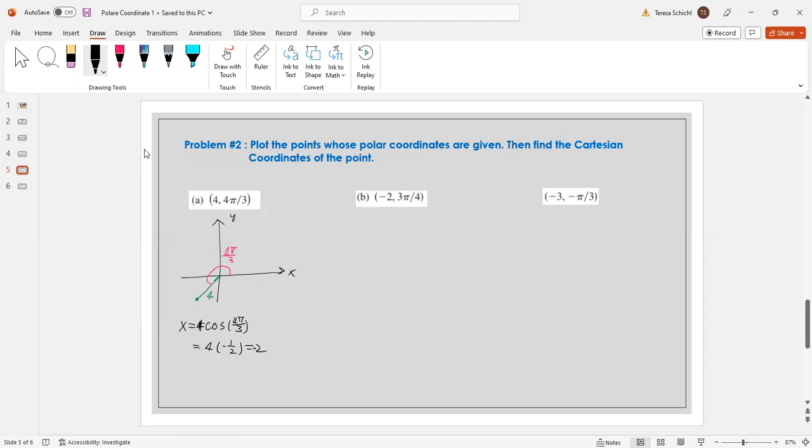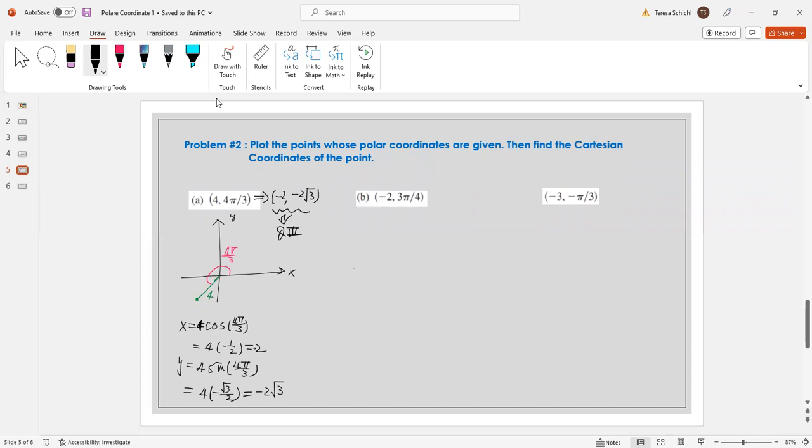Then y is equal to r sine theta, so 4 times the negative square root of 3 over 2. So it's negative 2 square root of 3. I can change this coordinate to negative 2, negative 2 square root of 3. It makes sense, because this is in quadrant 3. So we know we did it right.